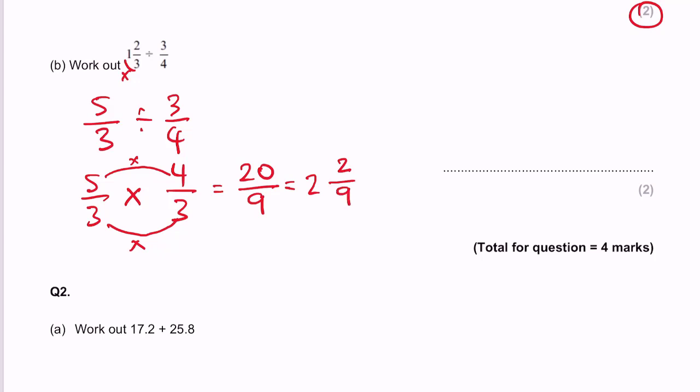So 2 whole and 2 over 9. That's the final answer. And that's 2 marks. Now this question does not ask you to write the answer as a mixed number, but you can leave it as 20 over 9 and you should get the full 2 marks.